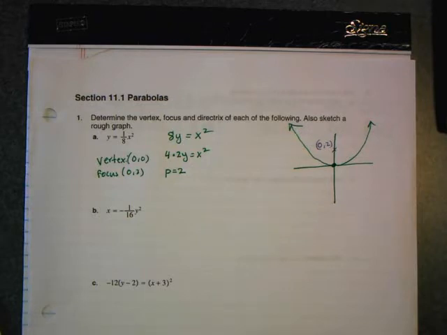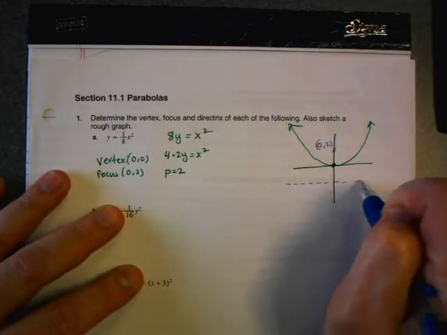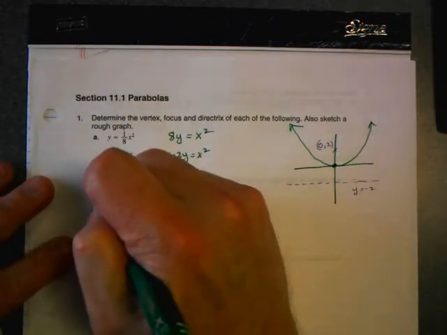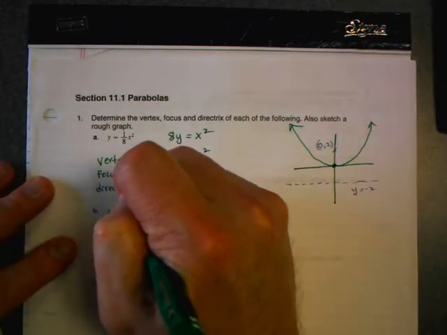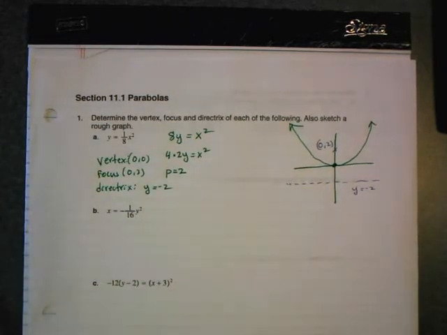Well, the directrix wouldn't be 0, negative 2. The directrix is a line. y equals negative 2 would be the directrix. So directrix y equals negative 2.